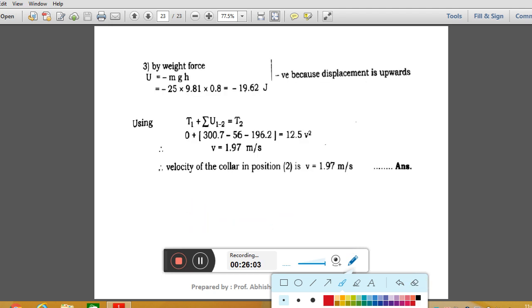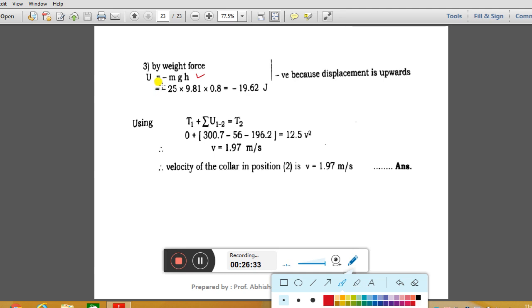Now let us calculate the work done by the weight force. This is the equation for calculating work done by the weight force, U is equal to minus mgh. Why have we taken a negative sign? Because the displacement is upward, or we can say the final position occupied by the slider block is upward.